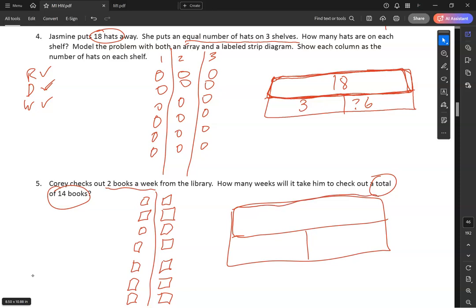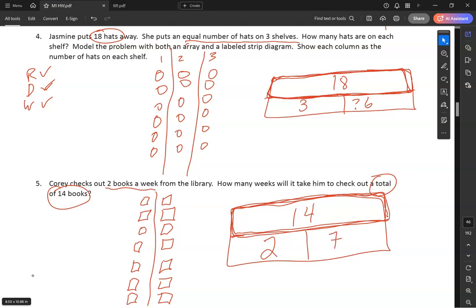I know again that the one that covers the entire thing is where our total goes. Okay. So our total we know is 14 books. And we are going to put them into a week. So we have the two groups. Okay. And we know it is 7.